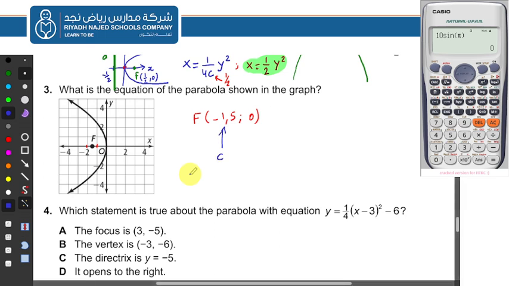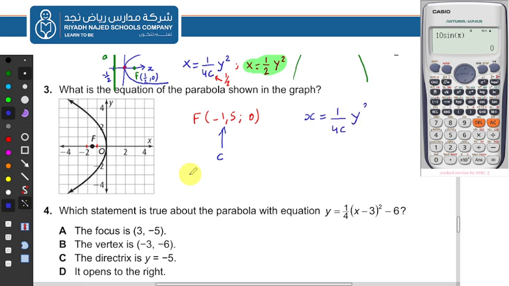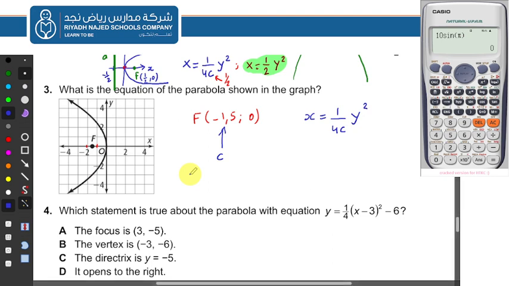And you can see that this parabola is horizontal, so the correct formula is x equals 1 over 4c, again, same formula, y squared.